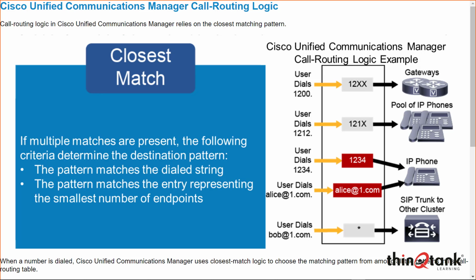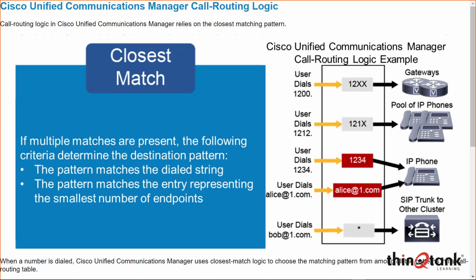So if I had a 121x pattern in partition 1, and a 121x pattern in partition 2, and both partitions were assigned to the search space, and partition 1 happened to be first in the list, then I'm going to use that pattern and match to that particular destination.